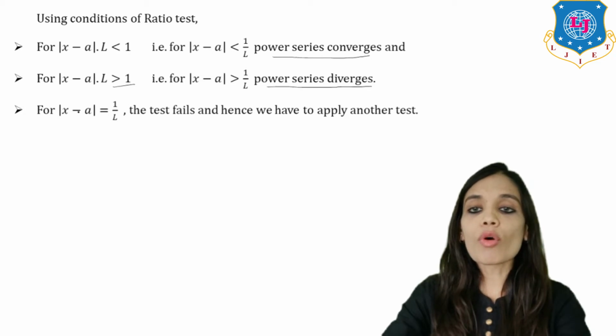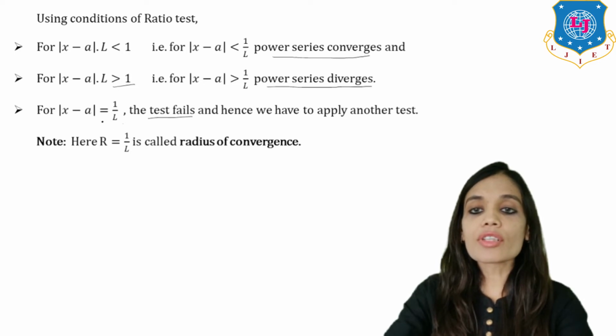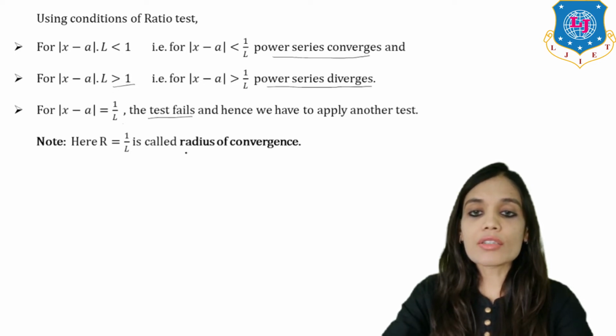For mod x minus a equal to 1 upon l, the test fails, hence we have to apply some other test. Here r equal to 1 upon l is called the radius of convergence.